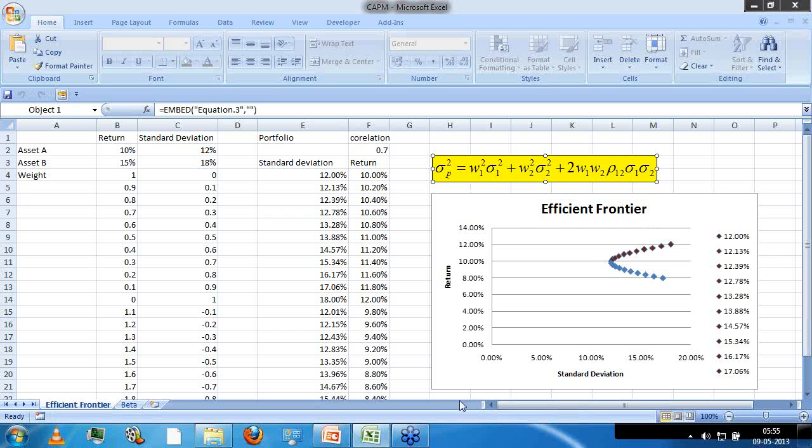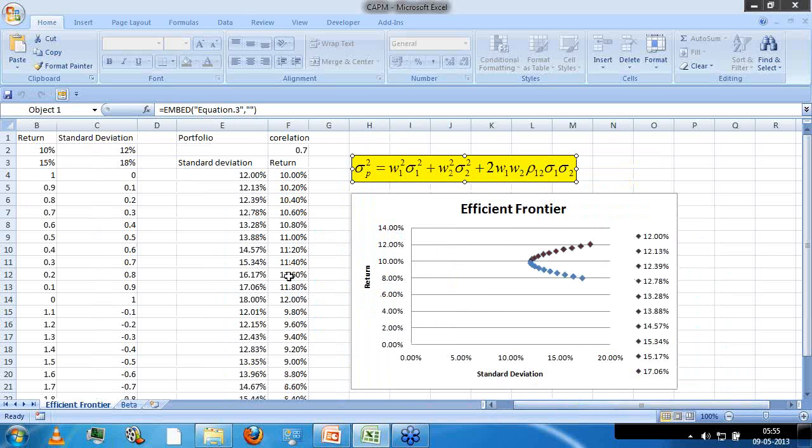Okay. So in a portfolio, how do we find the standard deviation, that is the risk associated with the portfolio, when the risk associated with the individual assets is given, as well as their weights? By weights I mean in what proportion we are investing.